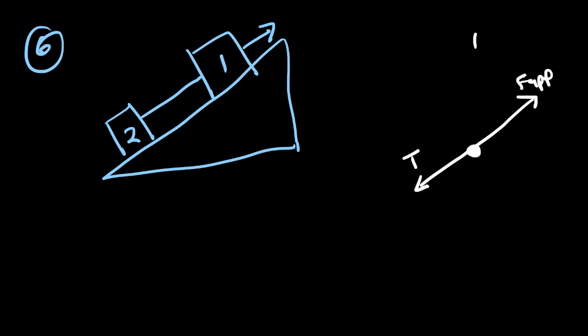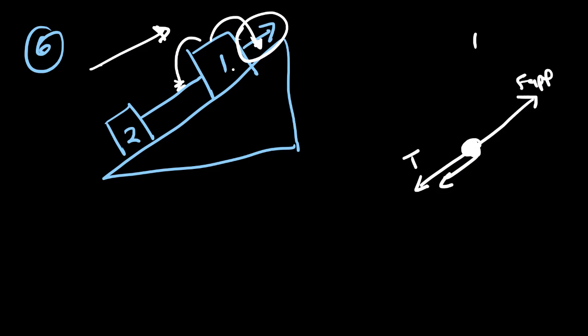Remember, we are applying force to this object, so it will have force applied. And then since it's moving this direction, it means in front we don't have the rope, but behind we have the rope. That is why it is this direction. And then we have kinetic friction, and then we have Fg, and then we have normal force.